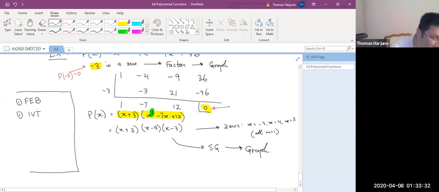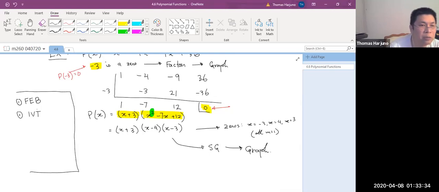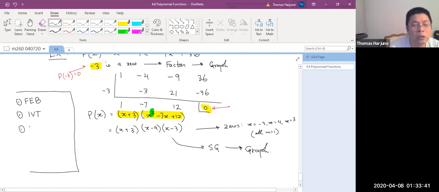And from there we learned long division, synthetic division, and then the remainder theorem with the factor theorem.